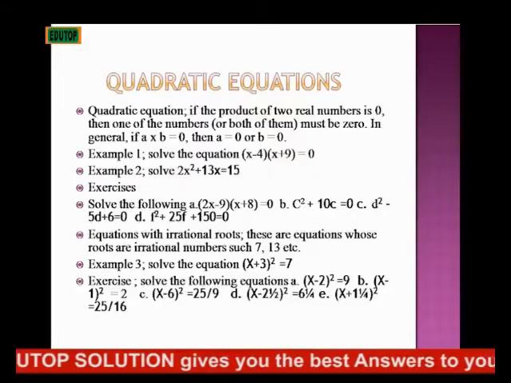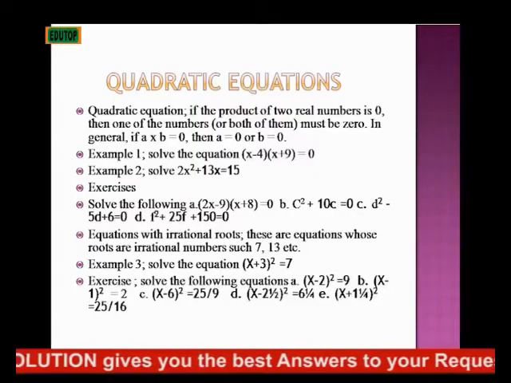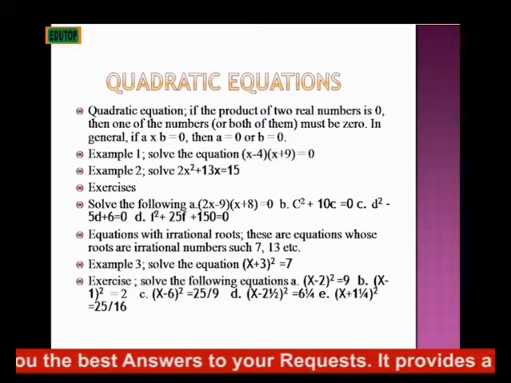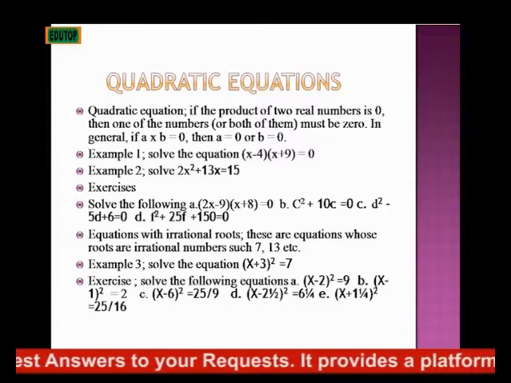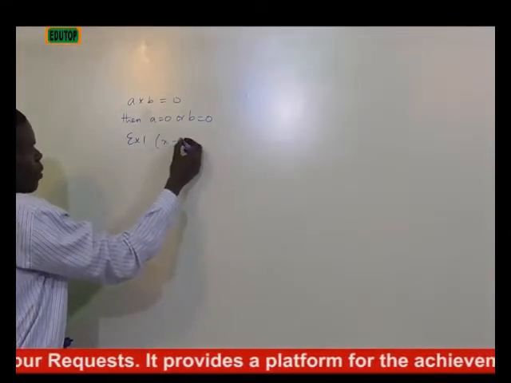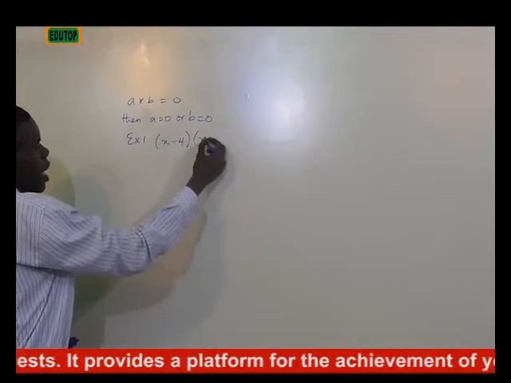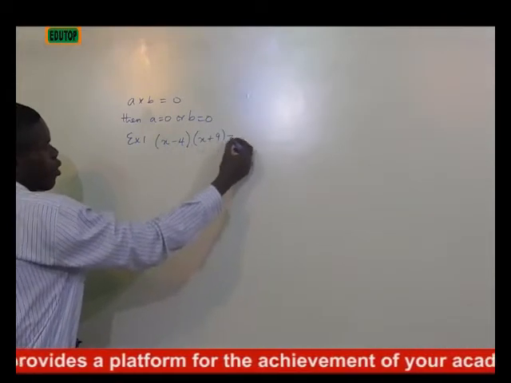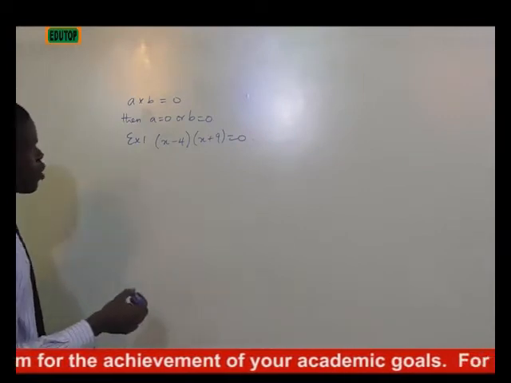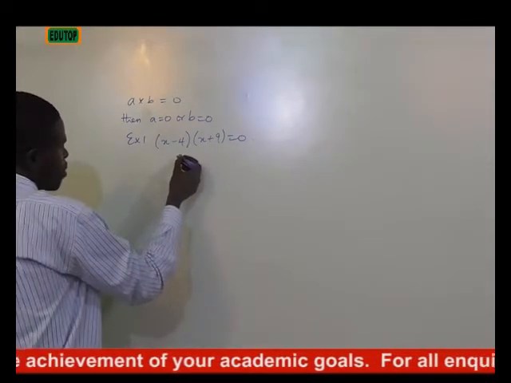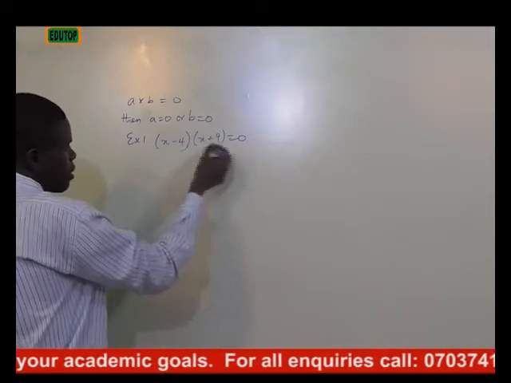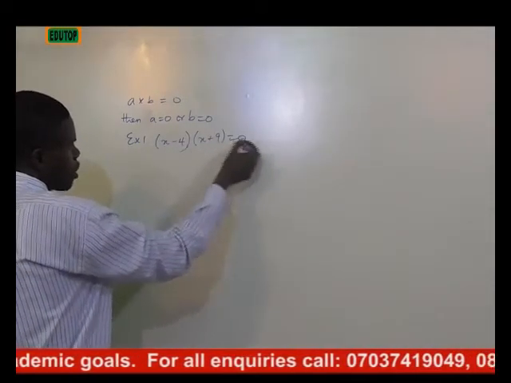Example 1. Solve the equation x minus 4 into x plus 9 equals 0. We have x minus 4, x plus 9 equal to 0. So here, all we need to do is to assume that the first bracket is equal to 0 and the second one is also equal to 0.